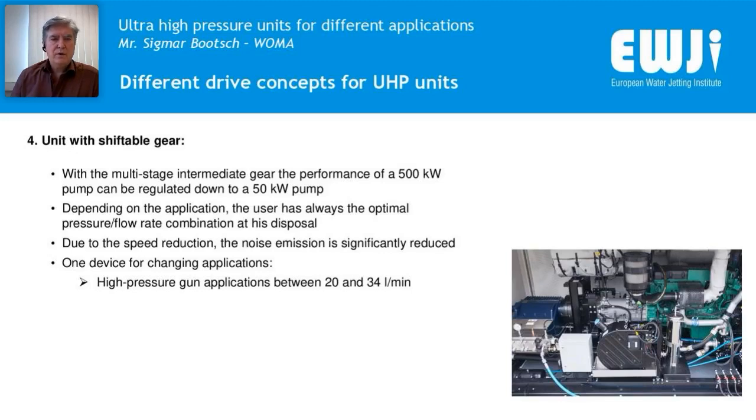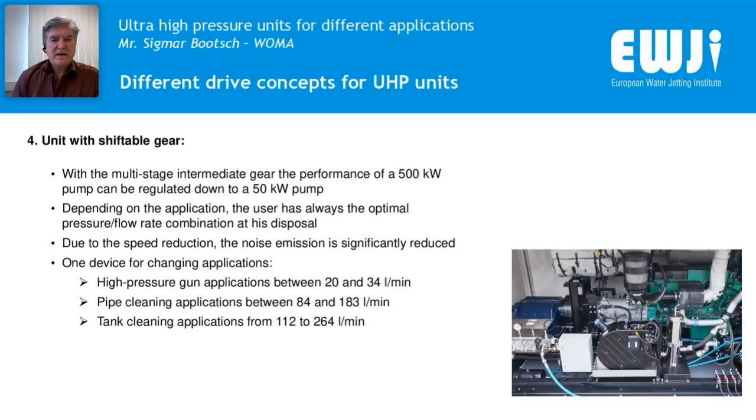For example, when you think about the back force of the high pressure gun, for this application you need about 20 to 34 liter per minute. But you can use this unit also, for example, for pipe cleaning, a typical application between 84 and 180 liter per minute.